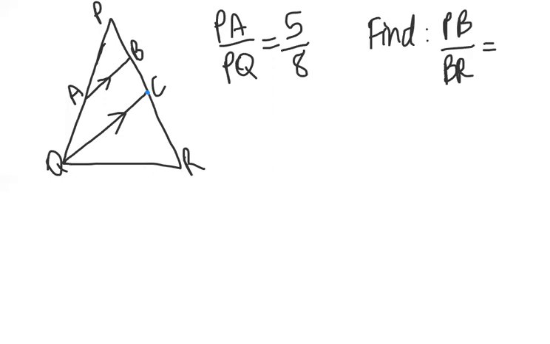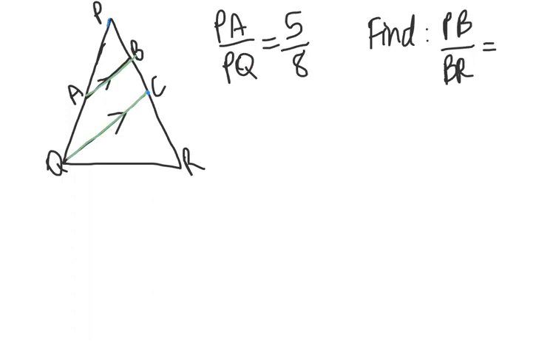All right, let's do another one. So now they say here, it's a different question. So PA divided by PQ is 5 over 8. Now, let's first see if we can try to identify a type of triangle that we can use. So if you look at the parallel lines, there's the one, there's the other one.